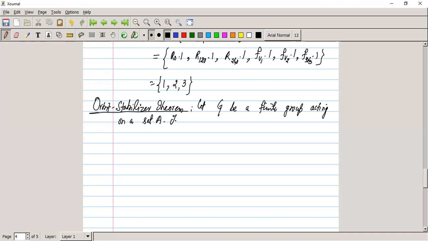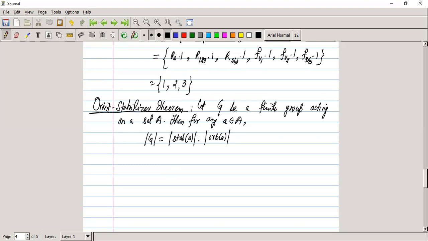Then for any a belonging to A, the order of G is equal to the order of the stabilizer of a, and the order of the orbit of a.